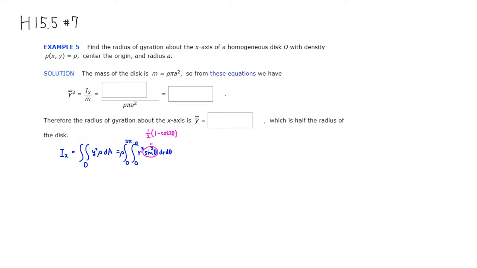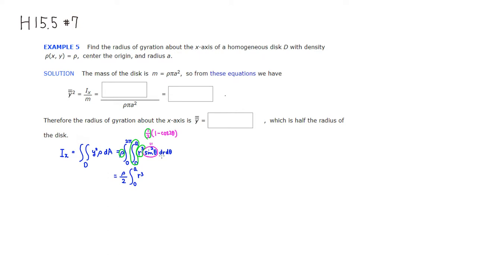So let's separate these. The 1/2 is just a number and rho is just a constant, so I'm going to put rho over 2 out front. Then I'm going to do the integral with respect to r first, from 0 to a, of r cubed dr. Maybe I'm going to start circling the things I've already taken care of.